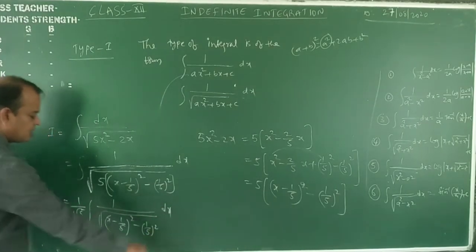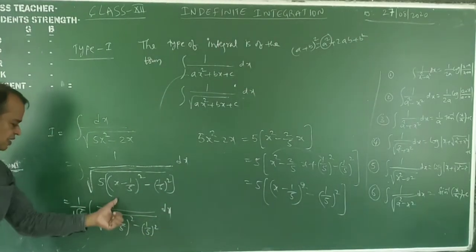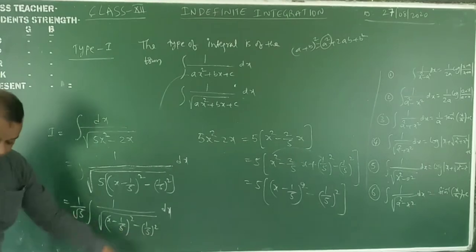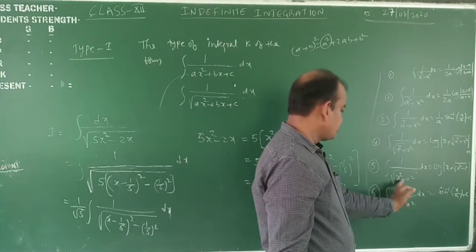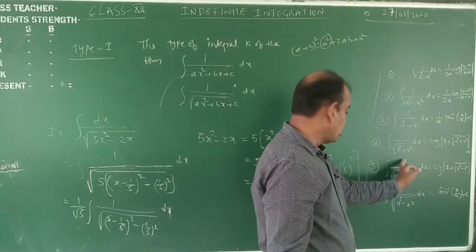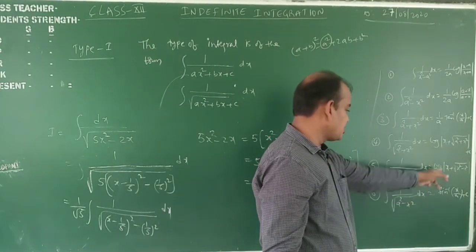What is the formula going on? Observe that: this is x, this is a. 1 by root over x square minus a square. What is the formula?